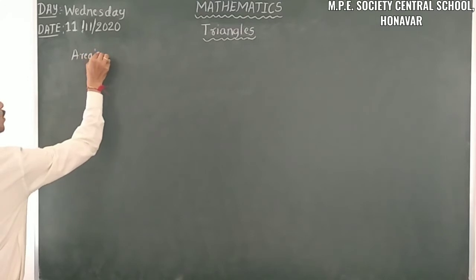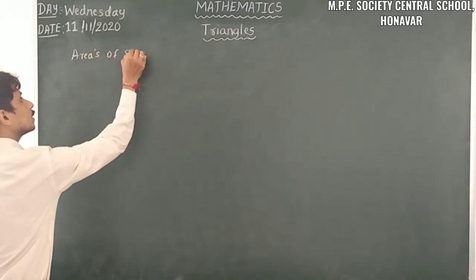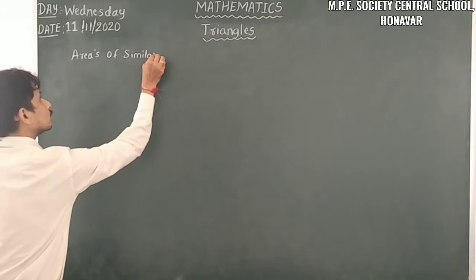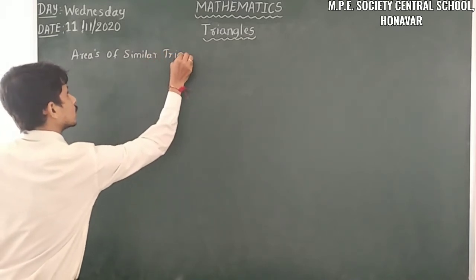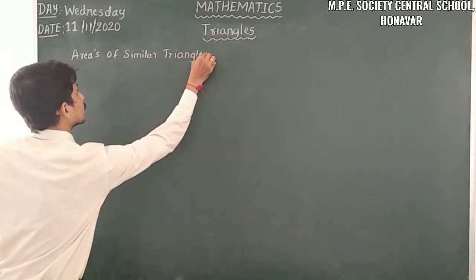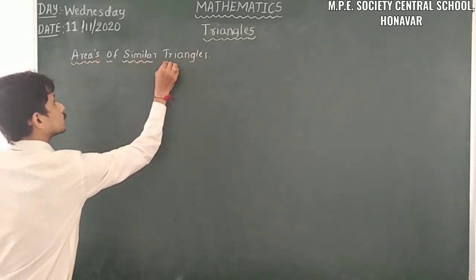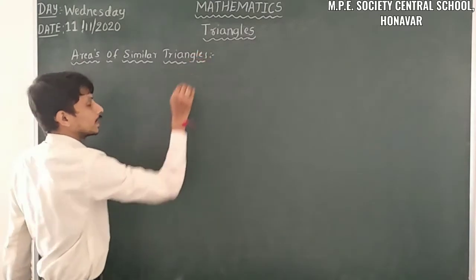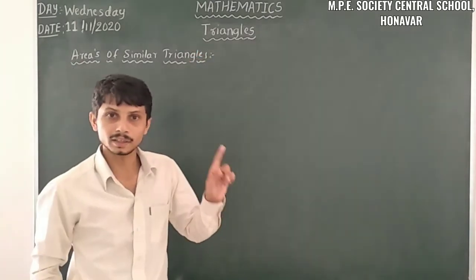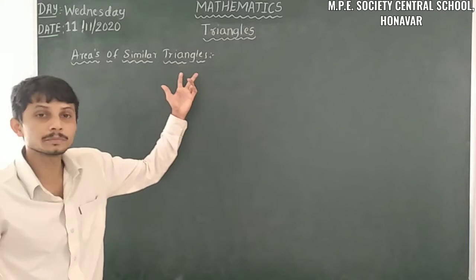Areas of similar triangles. So here it is confirmed that we have to take similar triangles.